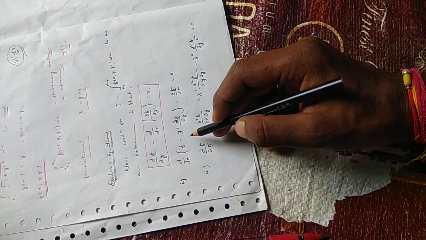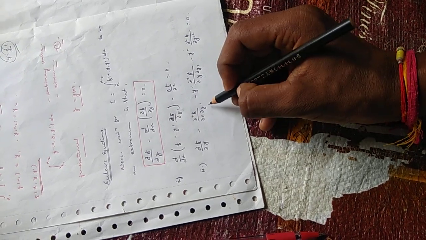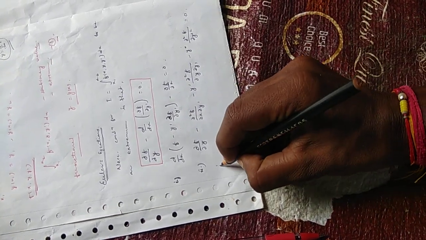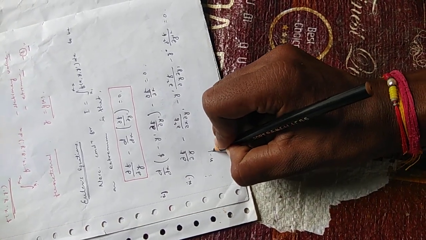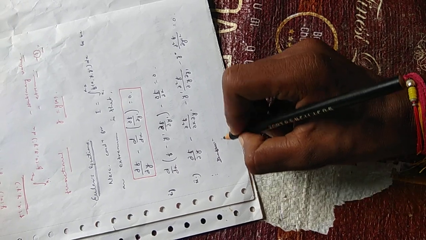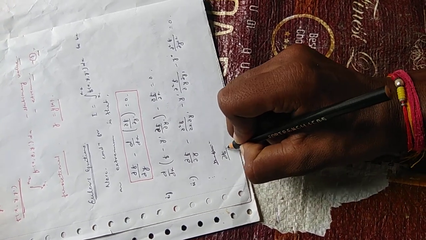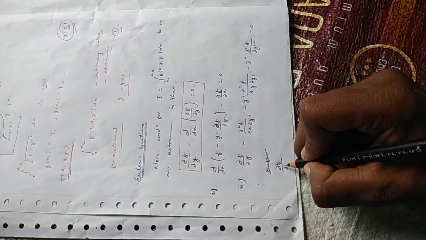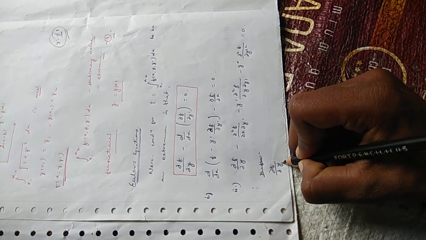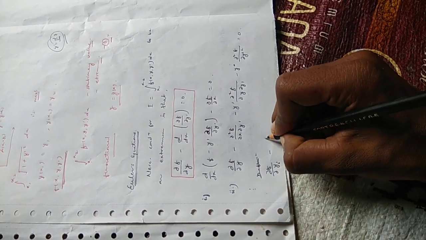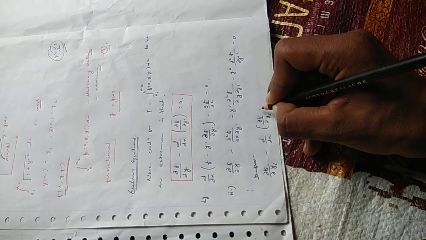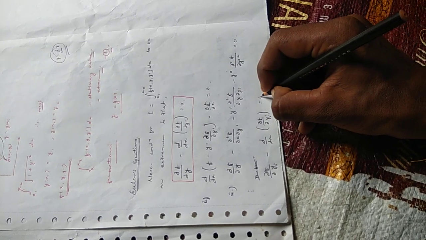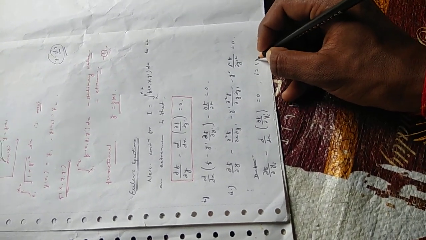So this is for one function, and in a similar way, if we are going to deal with n functions, then the equation given by Euler will be curly f upon curly y i minus d upon dx of curly f upon curly y i dash equals 0, where i varies from 1 to n.